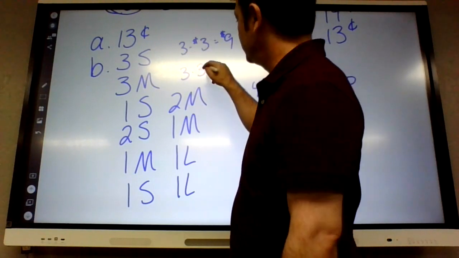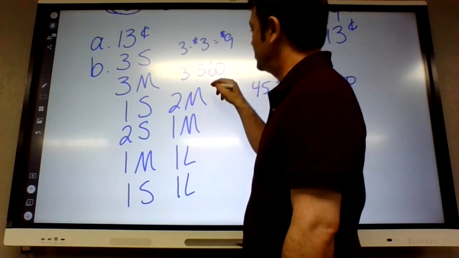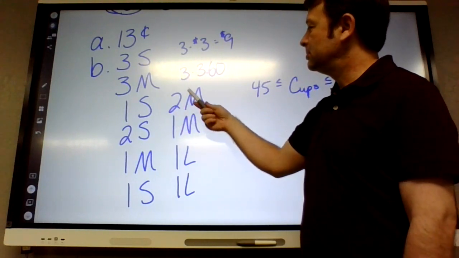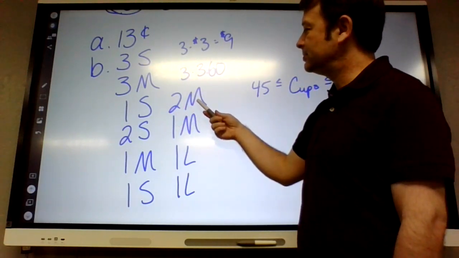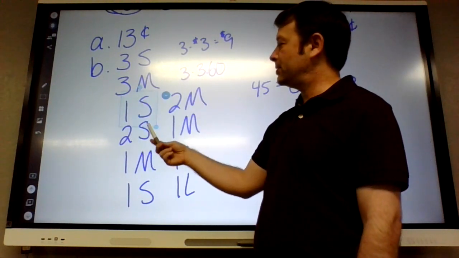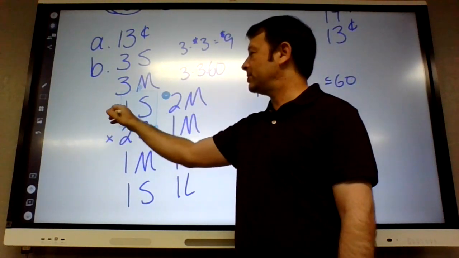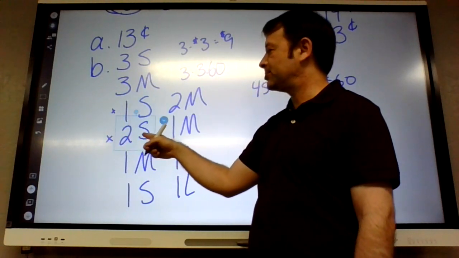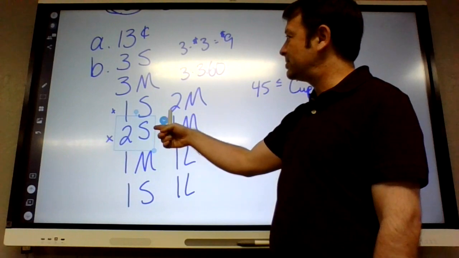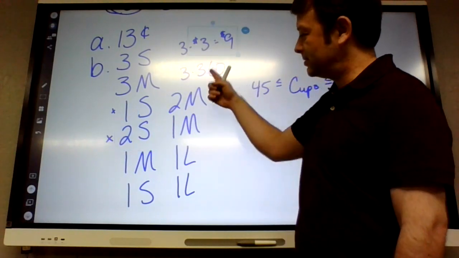That's definitely gonna be more than $9. 2 mediums, 3 times 3.6. This option's gonna be better than that one because there's 2 smalls instead of 2 mediums. So this would still not be as good as $9.